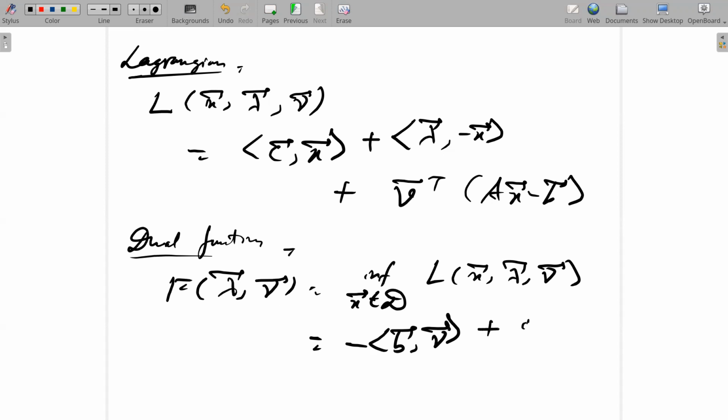So plus infimum over this of the quantity C minus lambda plus A transpose V dot x. All right. This is just collecting the x terms together.